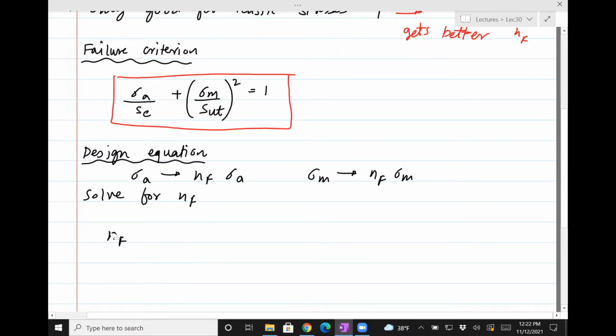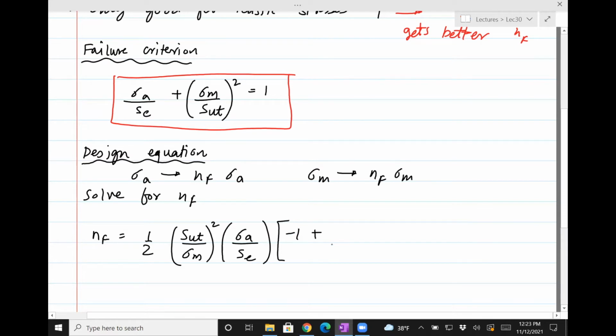some space for this. SUT squared, sigma A divided by SE, and then this is the part in the discriminant.